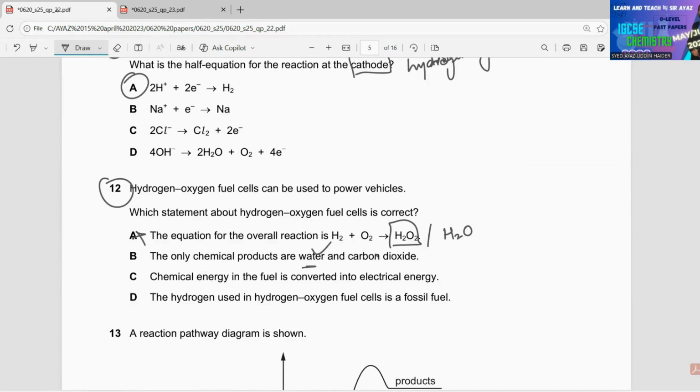Water is correct, but not carbon dioxide. We won't get carbon dioxide. It's also incorrect. C, chemical energy in the fuel is converted to electrical energy. This looks correct to me. We are getting electrical energy from chemical energy. D, the hydrogen used in hydrogen oxygen fuel cell is a fossil fuel. This is incorrect because hydrogen is not a fossil fuel. So C must be the right answer in this case.